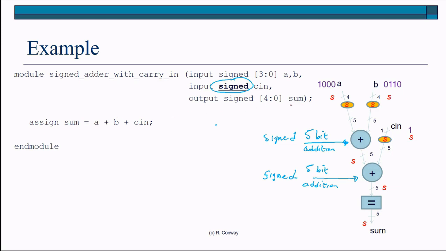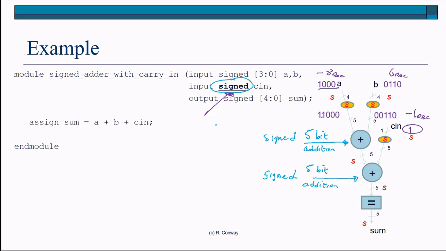Let's now look at our values. This is -8 decimal, 6 decimal. And we have to be careful when we look at this value. The bit has the value 1, but because it's signed, this actually represents the value -1 decimal. So let's work through our operations.